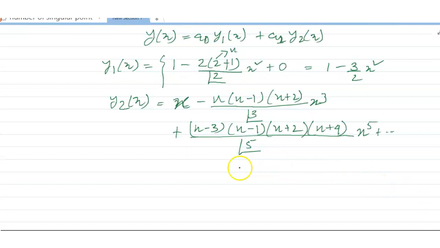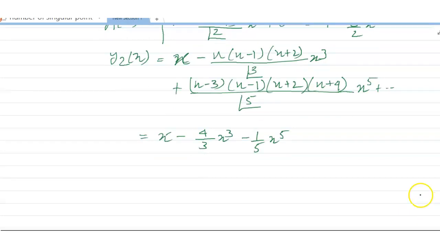So what is my result? Result is x minus (2 minus 1)(2 plus 2), so 4/3 x cubed, minus 1/5 x to the power 5, up to infinity.